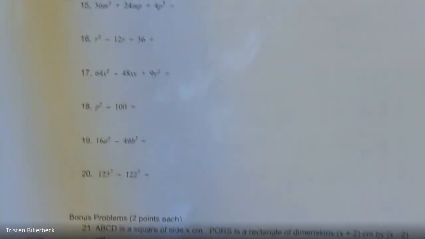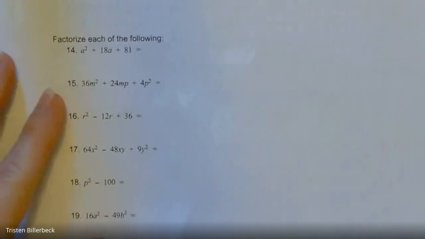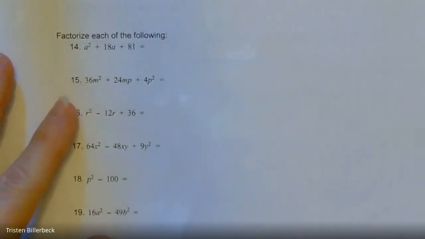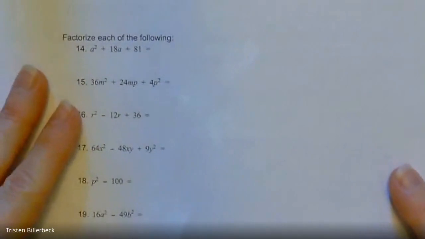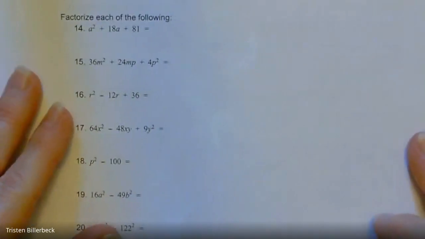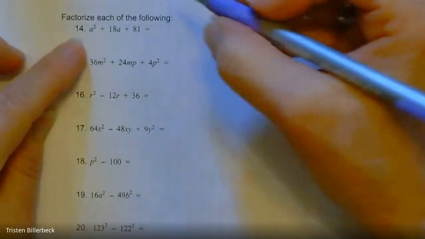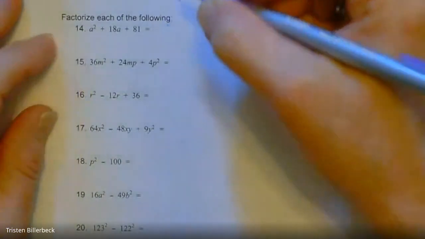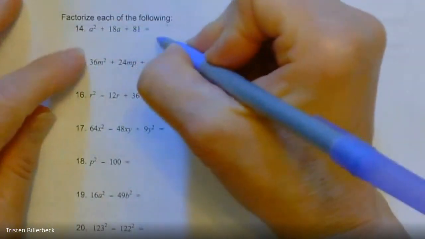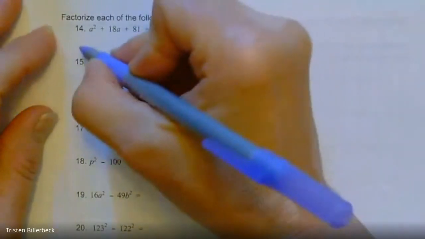Next page. Boy, you'd think I'd write an easy quiz, huh? So the next page. This one, well, we just do the perfect square trinomial formula. So it actually is easy.